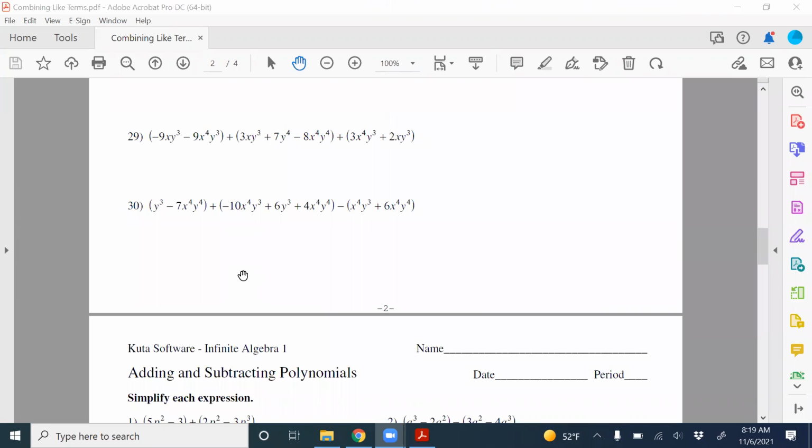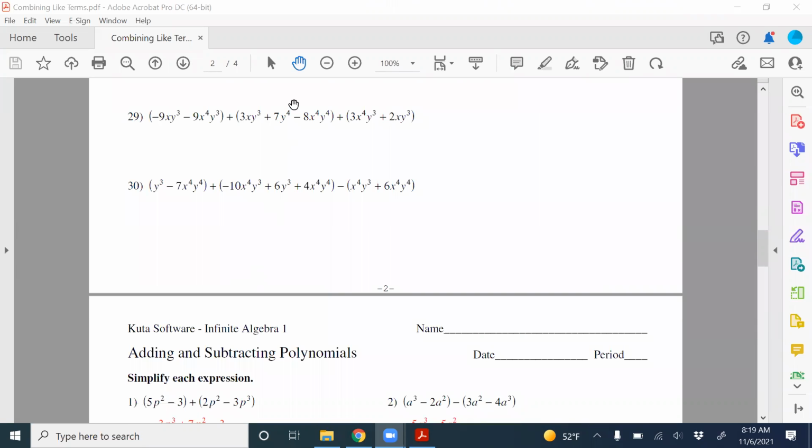Okay, I'm going to do the last 2 because those are a little bit intense. But again, it's all about like terms. So you have pluses for all these. That's fantastic. So what I'll actually start doing is I'll start writing out all terms in the first group like this. Then I look at the second group, 3xy cubed.